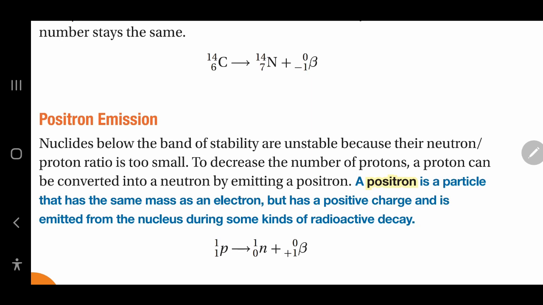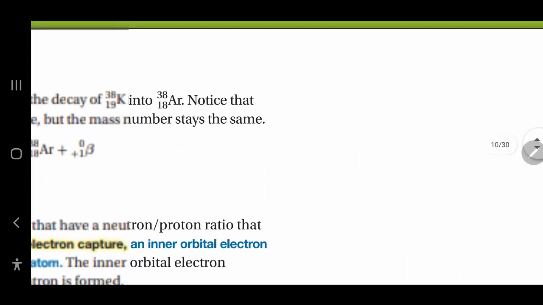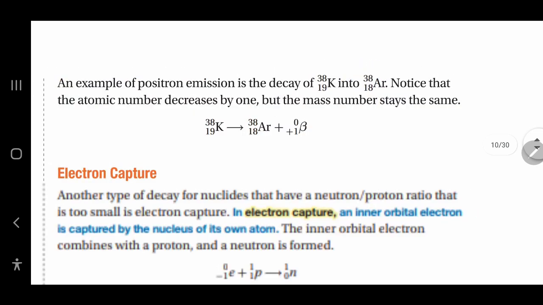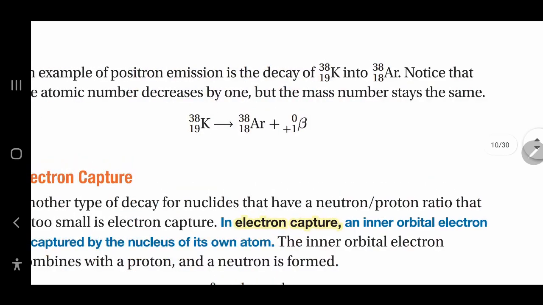So it is not a must that you have the same mass as the periodic table, because as we know, the atomic mass in the periodic table is the average of all isotopes of the element. An example of positron emission is potassium converted to argon with atomic number 18, as you can see here, with emission of beta particles.